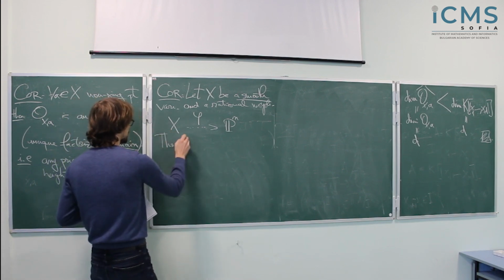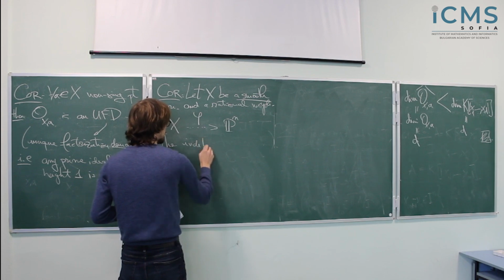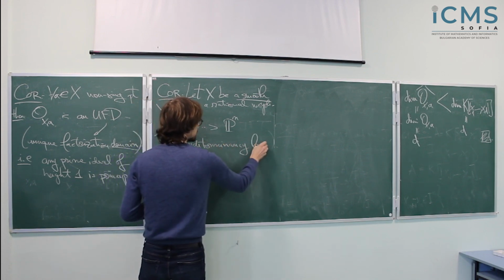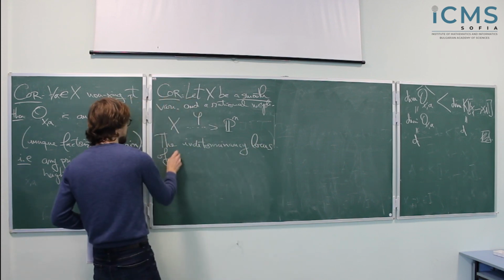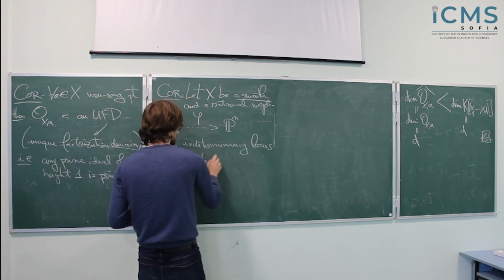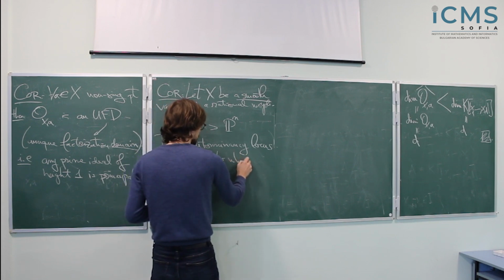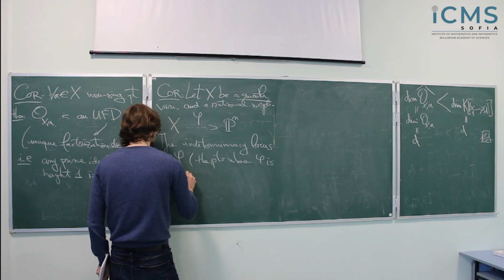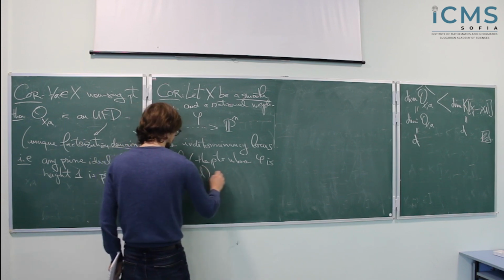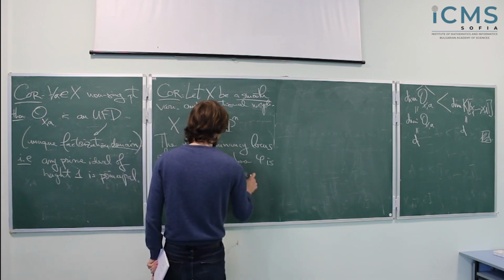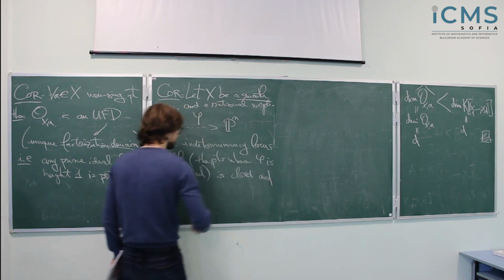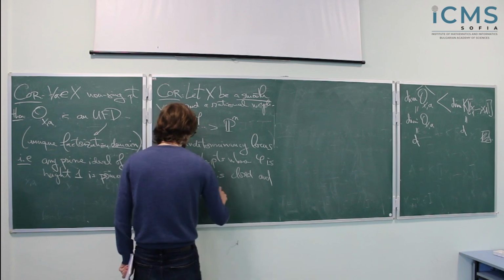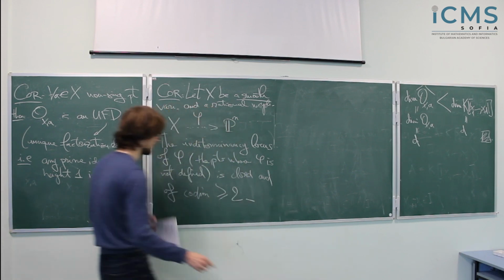So the indeterminacy locus of phi, the points where phi is not defined, is closed and of codimension bigger than or equal to 2.